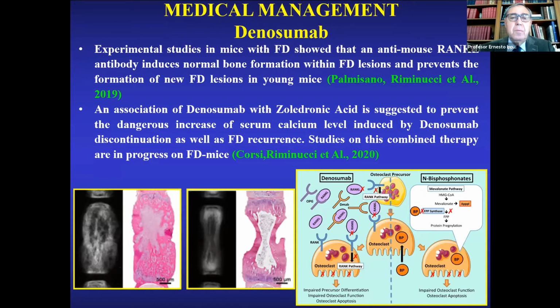An association of denosumab with zoledronic acid is suggested to prevent the dangerous increase of serum calcium level induced by denosumab discontinuation as well as FD recurrence. Studies on this combined treatment are in progress on FD mice.